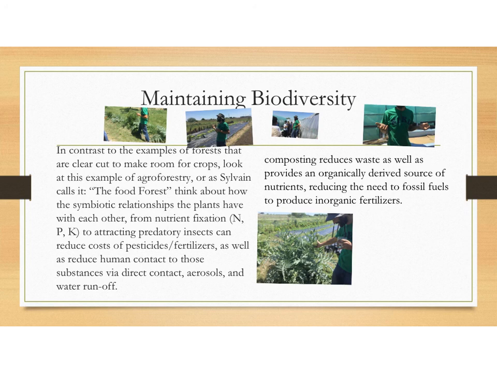He attracts predatory insects by having flowers and whatnot there, and he reduces the need for pesticides and fertilizers, which, as we know, when they come into contact with human beings, whether from directly applying it, aerosolizing in the air, or running off into water later, have a huge effect on not only the environment but on the human condition. All right, and then he shows kind of what he does with his waste products through composting, right, and reducing the need for fossil fuels, which, as we know, increase our carbon footprint. So let's look at some of the things that he does here.